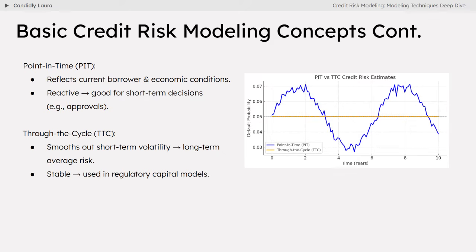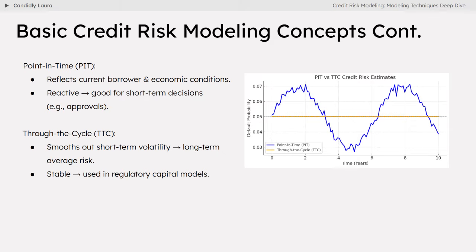During a downturn, a point-in-time model might show rising default risk. On the other hand, through-the-cycle models smooth out short-term volatility and aim to estimate long-term average risk over the full credit cycle. These are more common in regulatory capital models. A through-the-cycle model would produce a more stable estimate, assuming that downturns and upturns balance out over time.